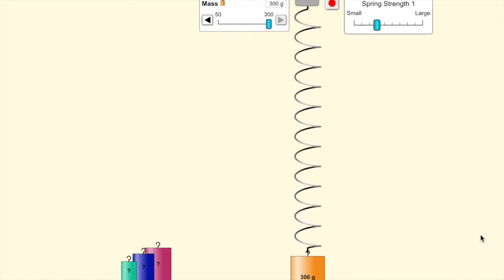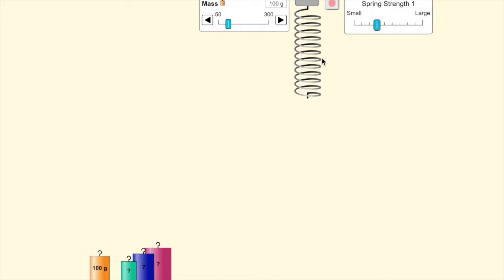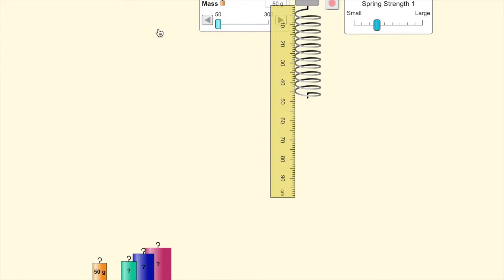To record spring force, the easiest way to do it is you take the original measurement of the spring, which we can see, and we're going to round it to roughly about 50 centimeters. We take our mass, I'm going to use 50 grams, stick it on there and drop.